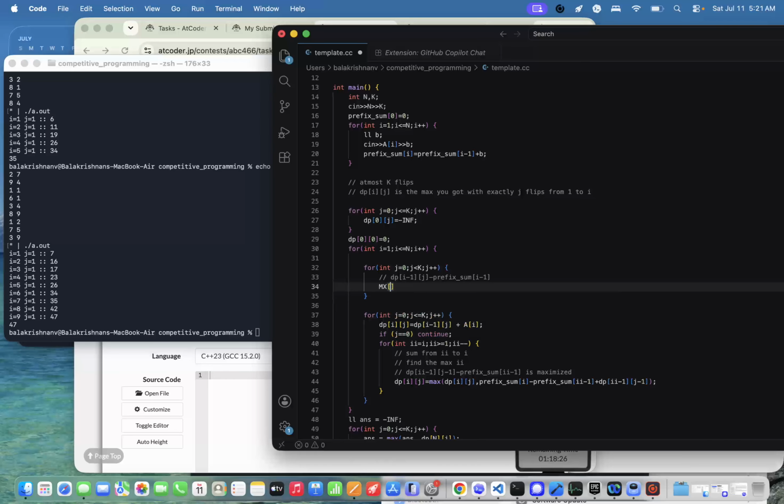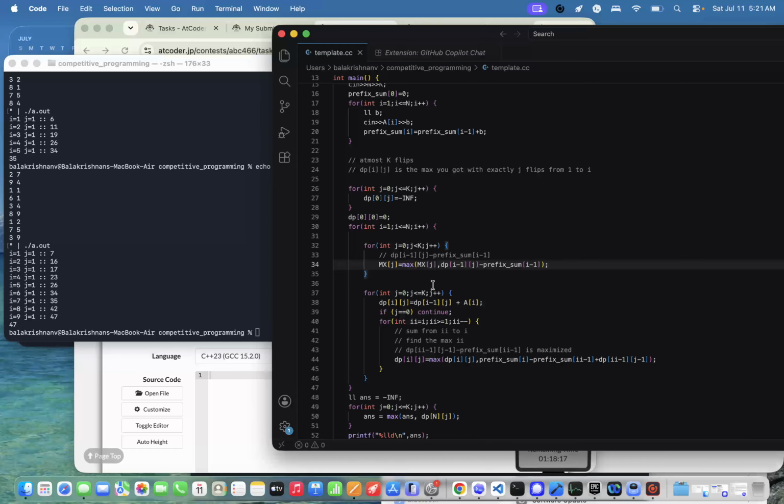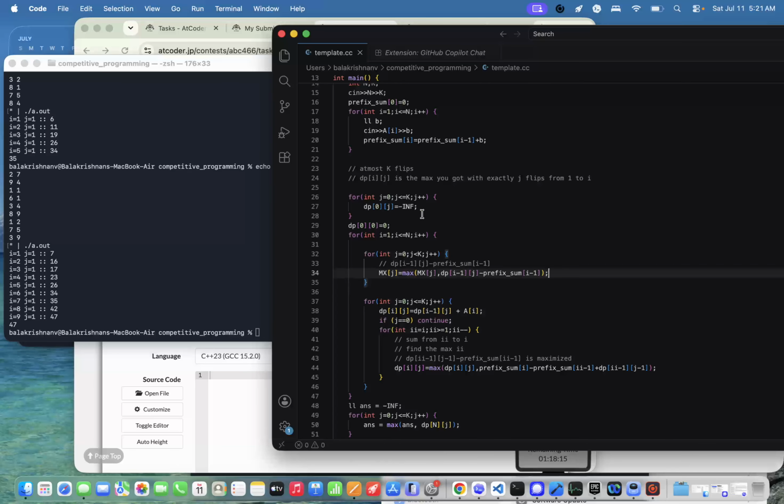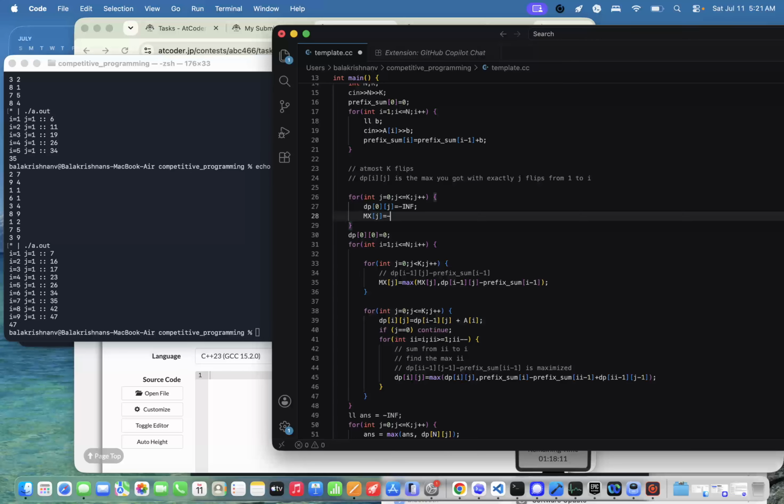Okay, mx of j is equal to max of mx of j, comma this thing, right? So we start off with mx of j minus inf. So mx of j is minus inf.